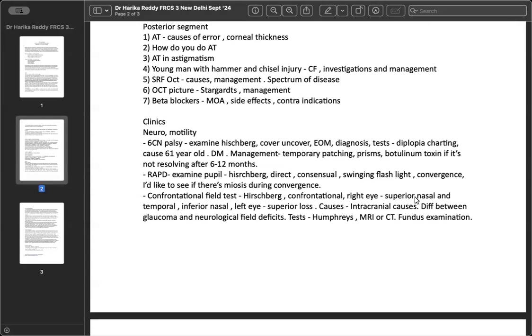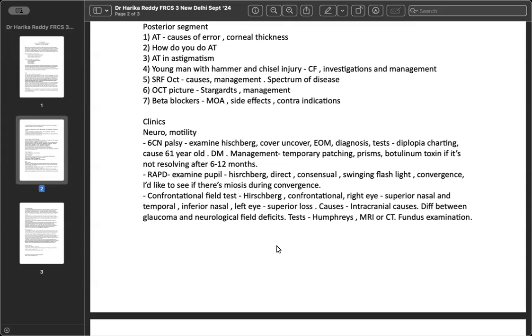So for me, the patient had supranasal, temporal, and infranasal vision loss. And in the left eye, he had only superior loss. This doesn't amount to any diagnosis. They asked me what the causes are. I told them it could be any intracranial cause, like tumors or trauma or anything. They were like, okay, what would you like to do? What tests? I told them I'd like to do a visual field test and then MRI or CT.